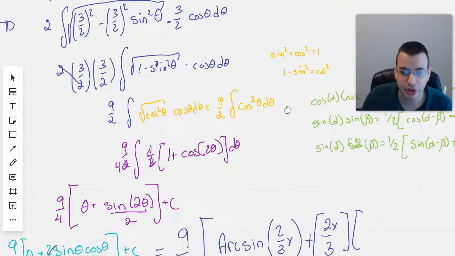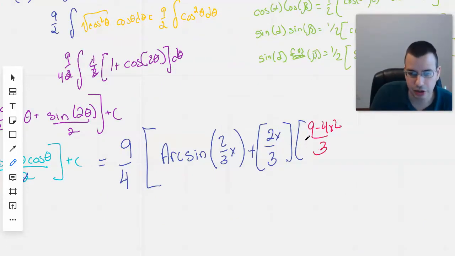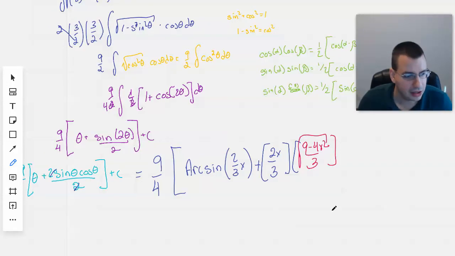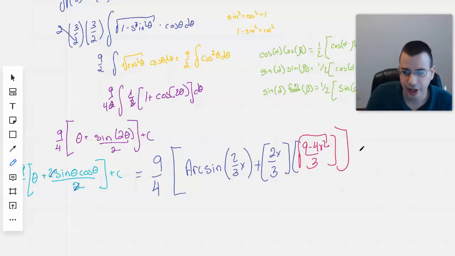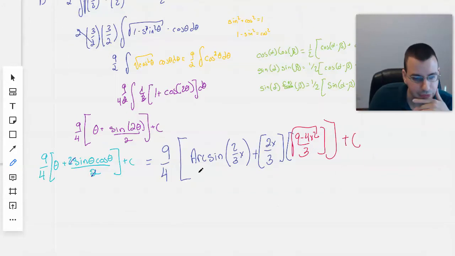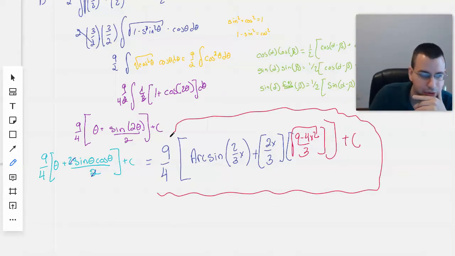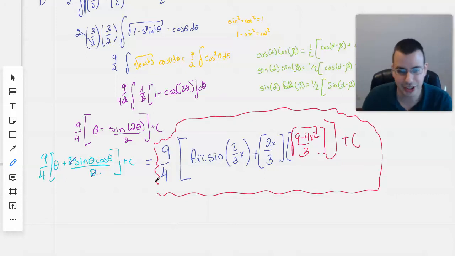And then, ooh, plus c. I got that one. I guess I could probably put the plus c inside the brackets because it's just a constant and can be multiplied by 9/4. Doesn't matter. So, this thing, which looks terrible, is probably close to the answer.